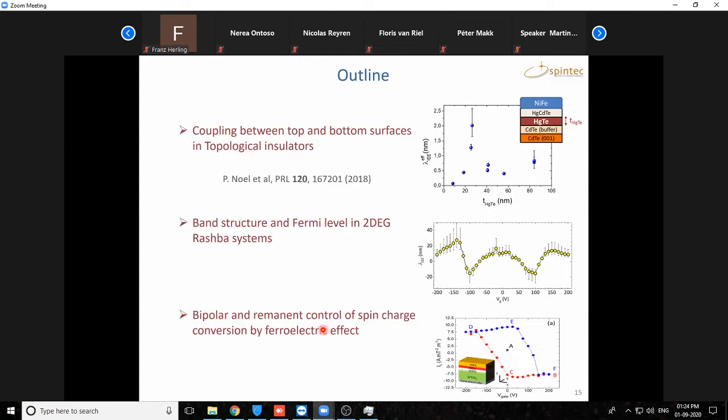So now I'll switch to oxides, and especially STO, strontium titanate, where we have Rashba two-dimensional electron gas at the interface with STO with several materials deposited, and a complex band structure that will allow us to modulate the conversion through gate voltage by raising or lowering the Fermi level.